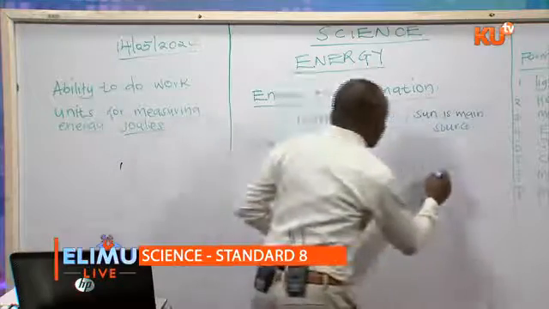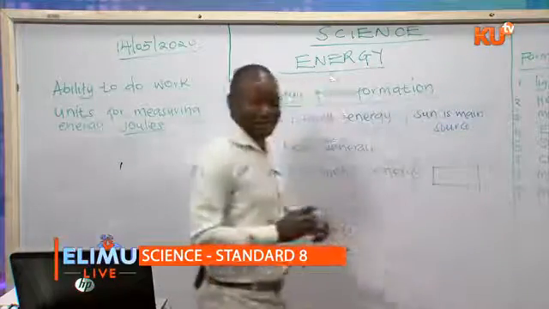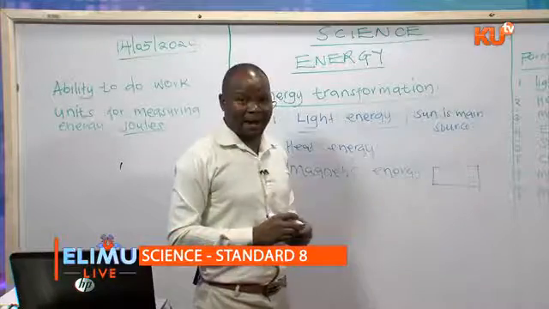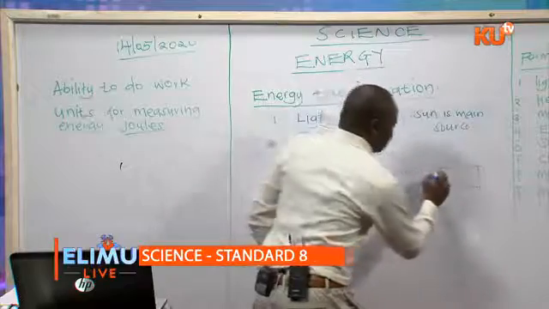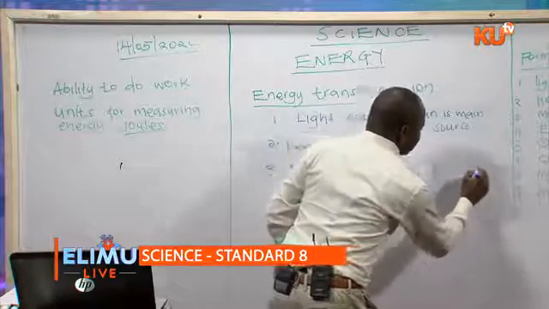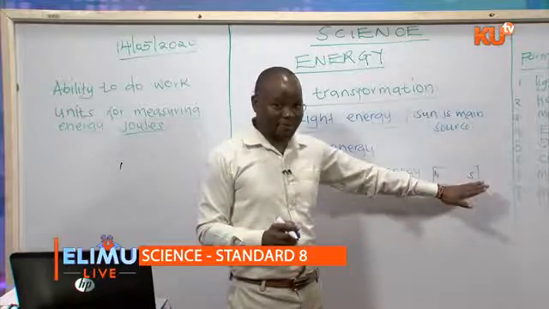Maybe if I just take you through this. If this is a bar magnet, you'll find that one side of a magnet is north and the other side is south. So we have the north pole and the south pole.